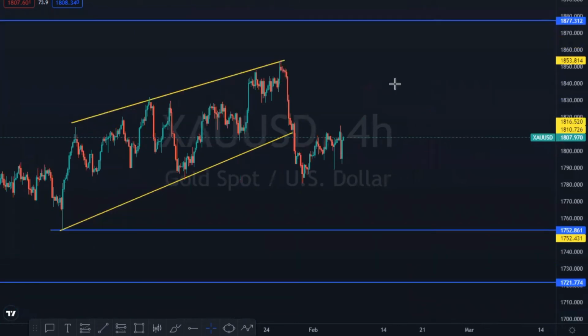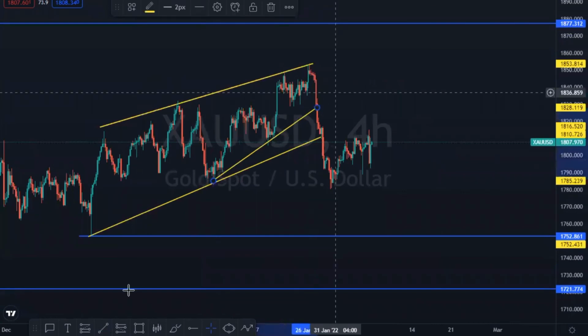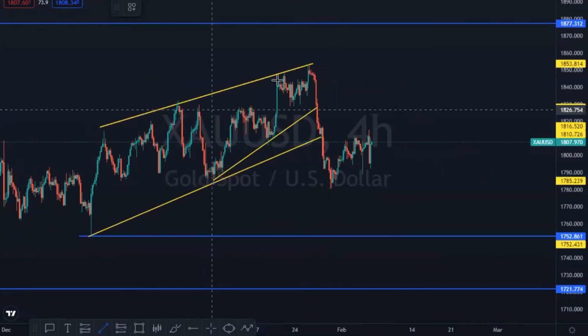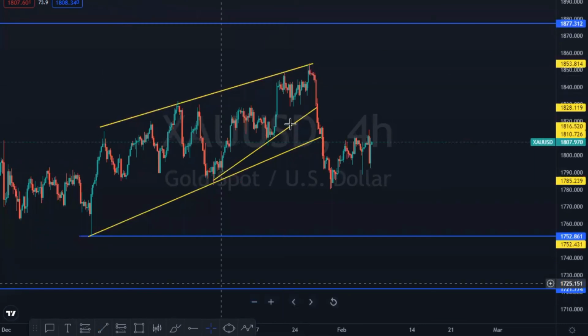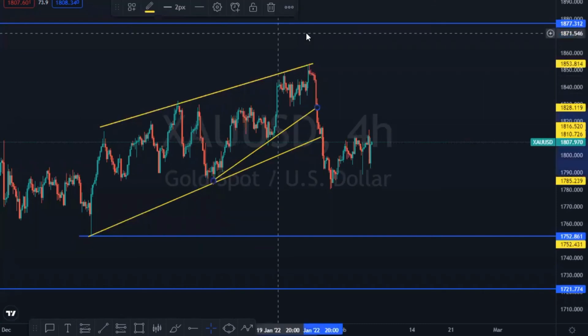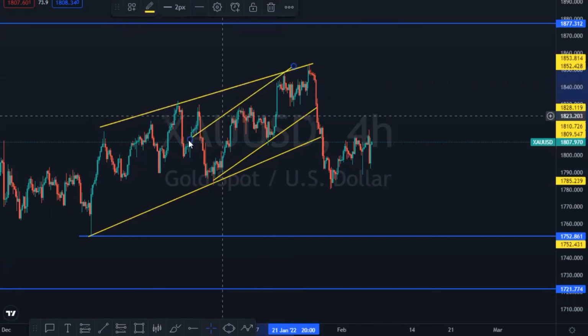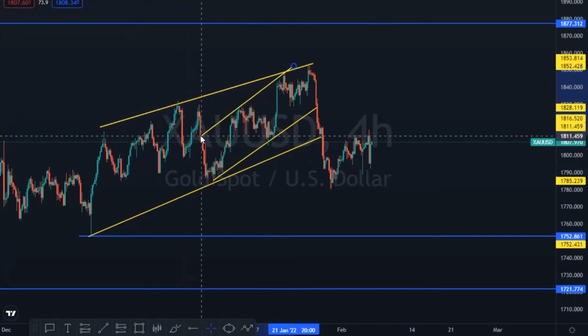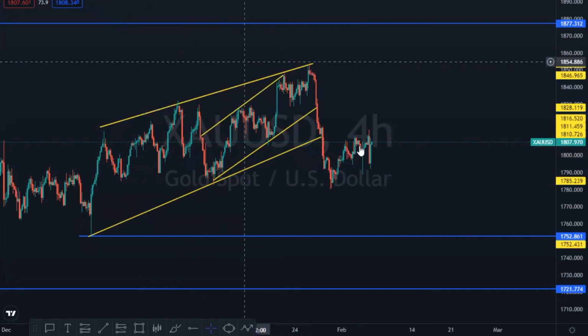After seeing that rising wedge, I can see also that we have a pattern within a pattern. I can also see that I have a pattern within a pattern, right?